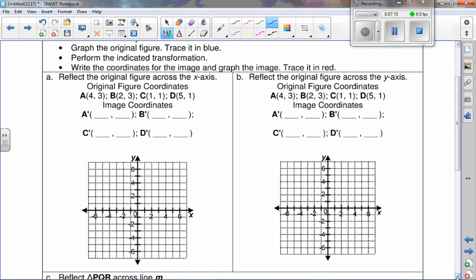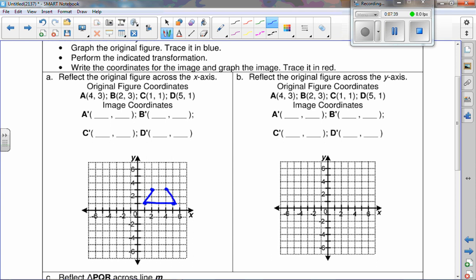So we need to graph (4, 3), so that means we go over 4 and up 3, and that's going to be A. And then we're going to go over 2 and up 3, and that will be our B. Then we're going to go over 1 and up 1 for C, and over 5 and up 1 for D. And if you look at this shape, it looks like a trapezoid to me.